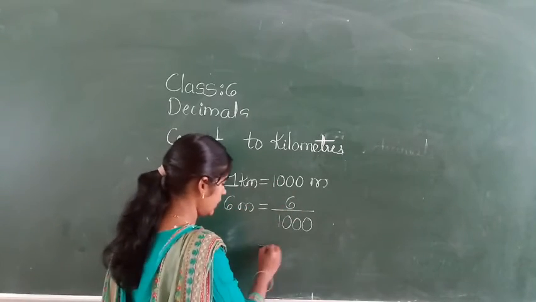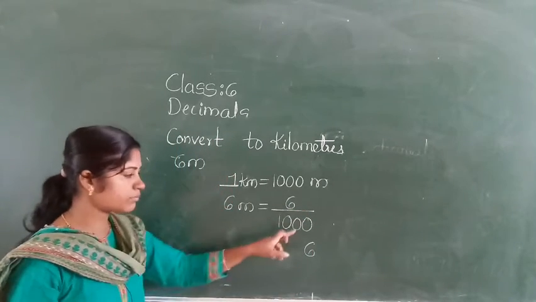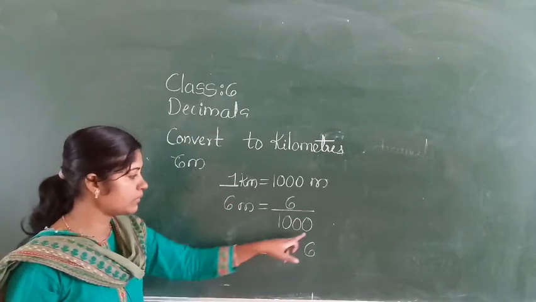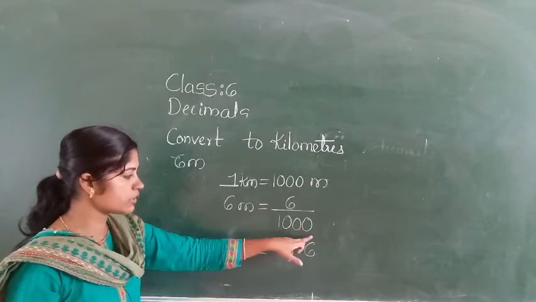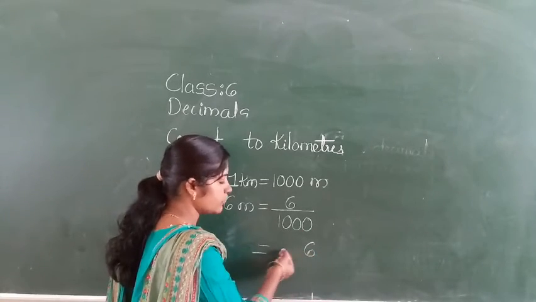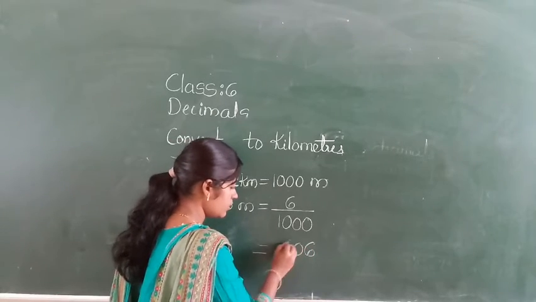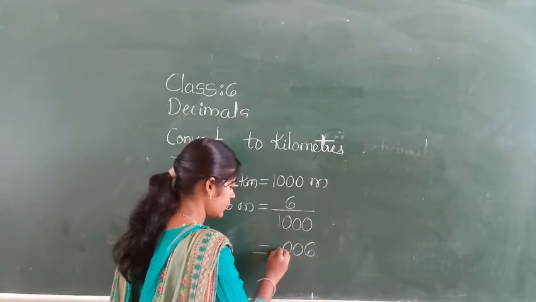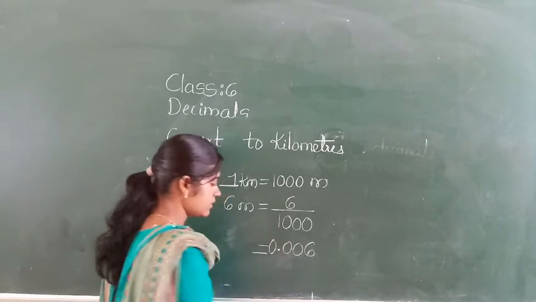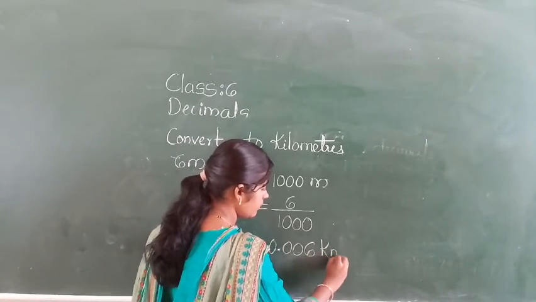Next, first you have to write the numerator. 6 is there. After how many digits here point will come? 1, 2, 3. Because in denominator 3 zeros are there. Here only 1 digit is there, means you need to write here again 2 zeros. 6 is there, 1 digit, 0, 0. Okay, 3 digit, and give here point and write here 0. So 0.006 kilometer.